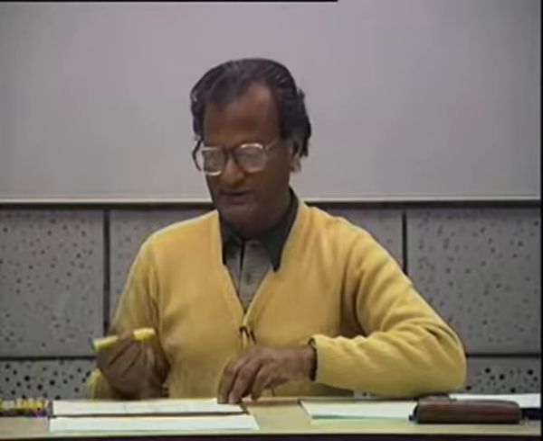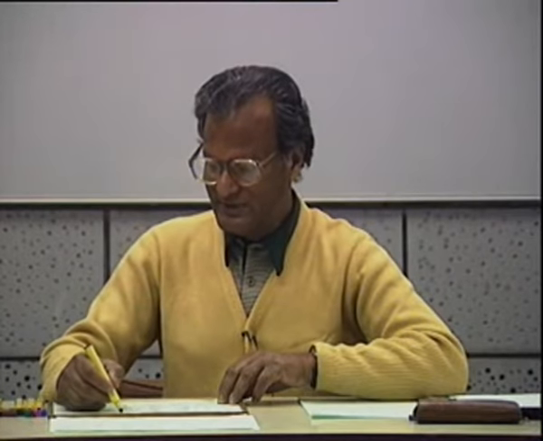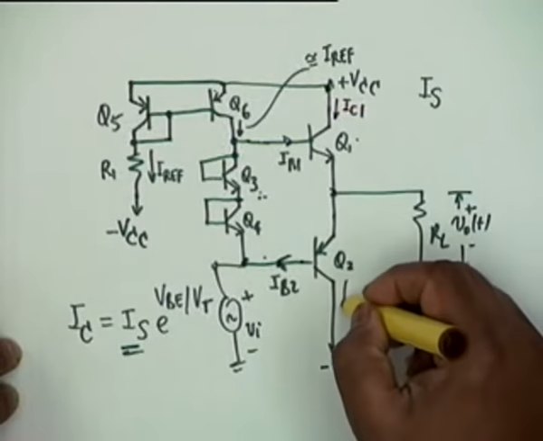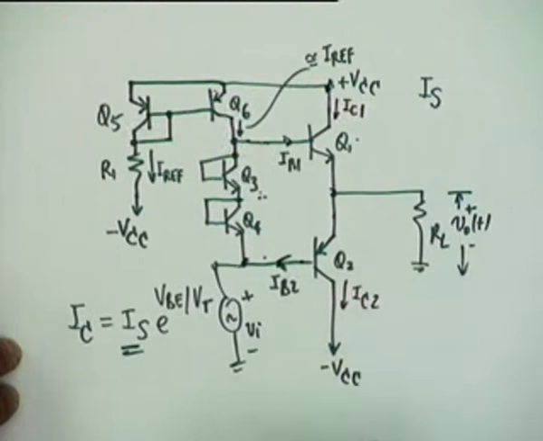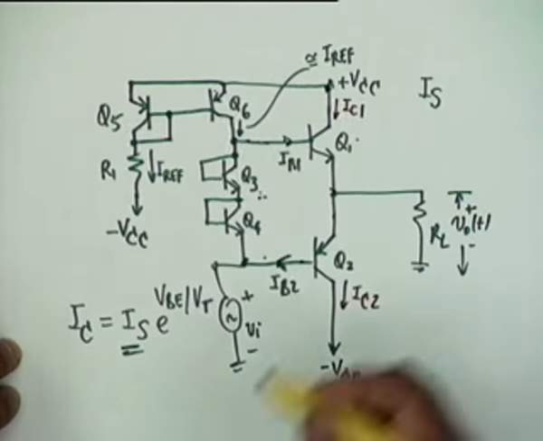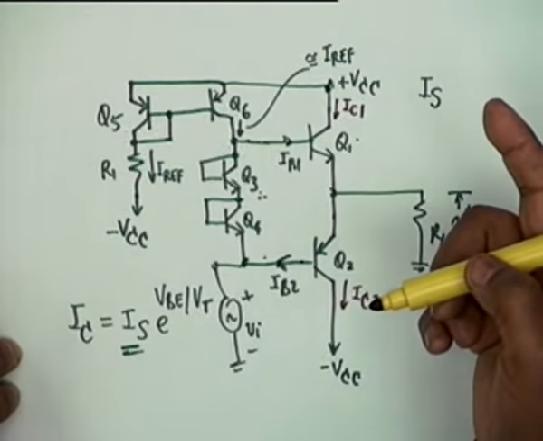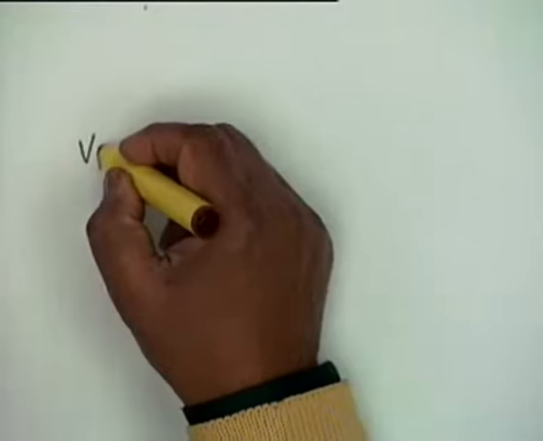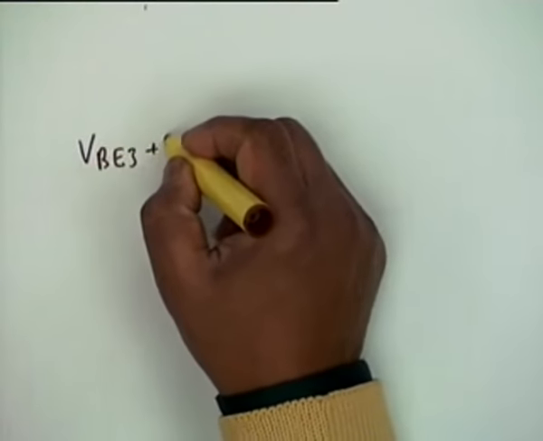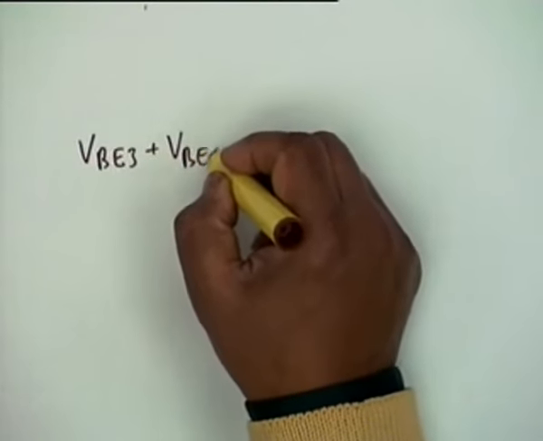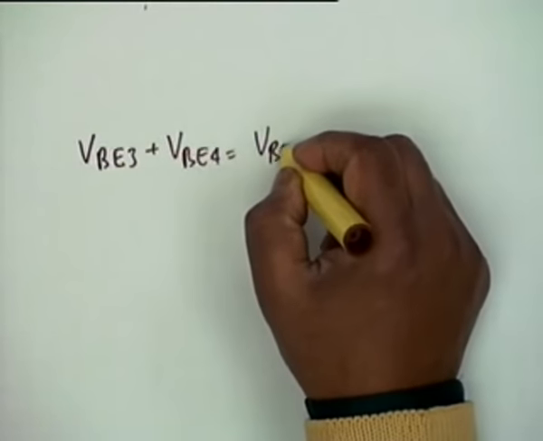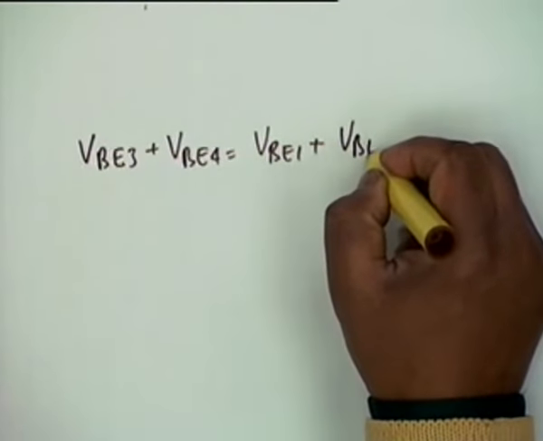Okay, let's write this equation. Then we shall be able to determine I sub C1 and I sub C2 quiescent values, because I sub C1 and I sub C2 are determined by VBE1 and VBE2.